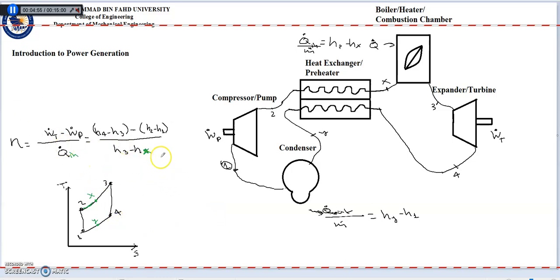So for less fuel, we generate the same energy as before.